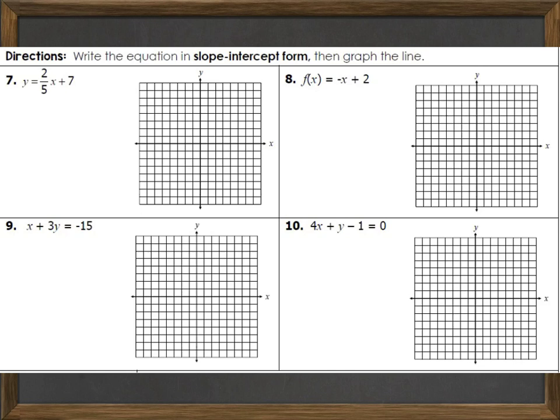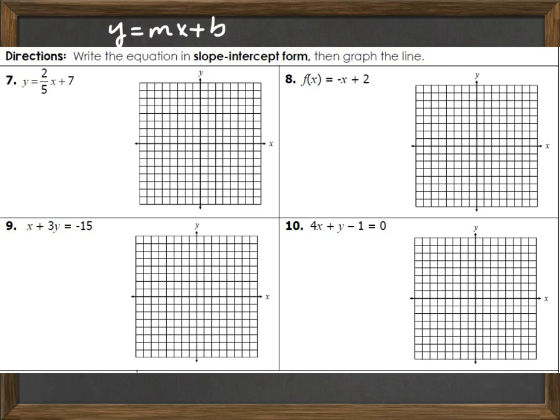If you remember, it's y equals mx plus b. I'm going to write that along the top just so that you remember. So you want it to be a y equals line. That's what you look for. And then you figure out what your slope is and what your intercept is.